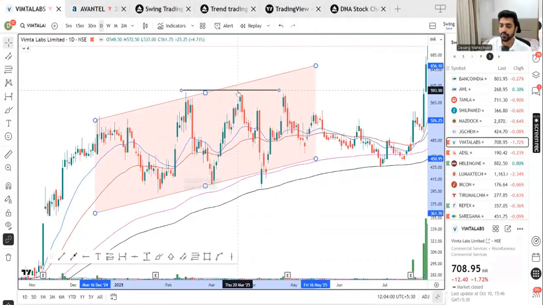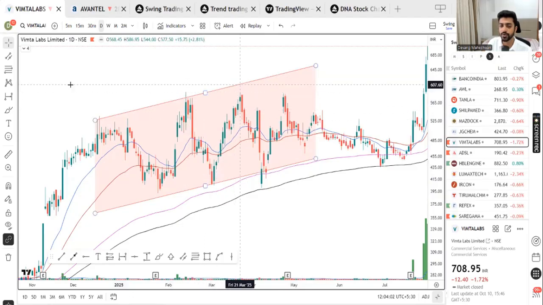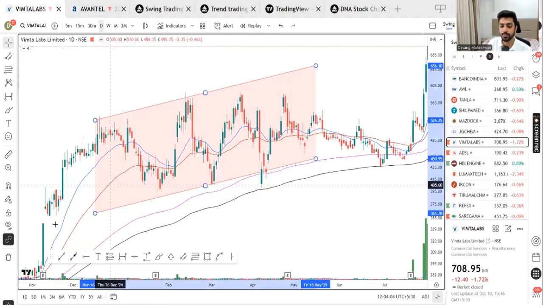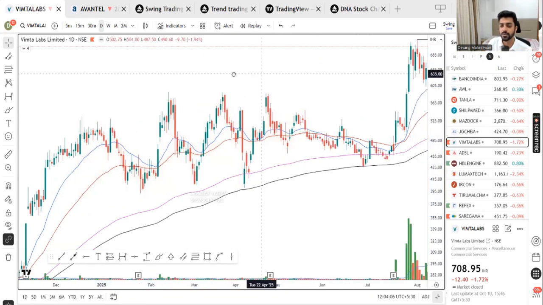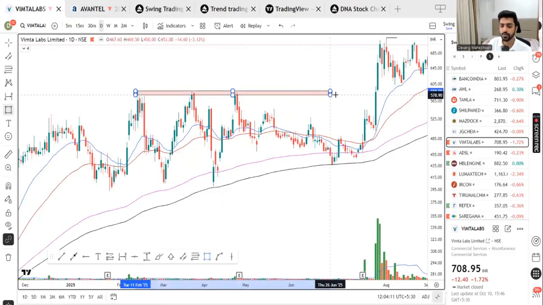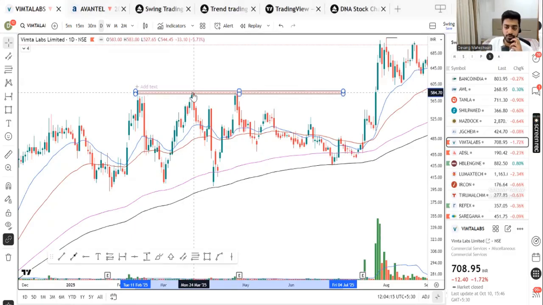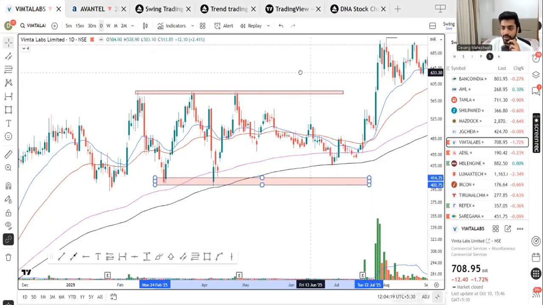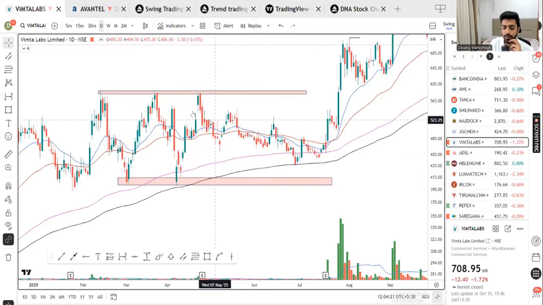It did not give any further breakouts. So it did not touch up here. You cannot make a slope base. So it started going sideways, sideways. From here, you can call it an upright base, where you have a resistance zone on the upper side of the base.